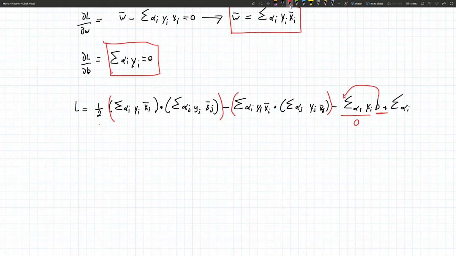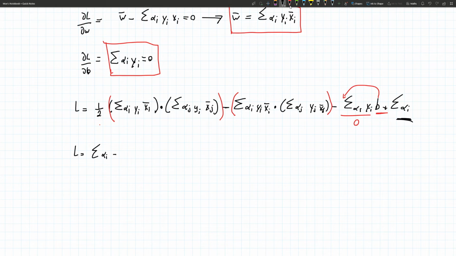So half minus this expression will be L equals the sum of alpha i, which is this one.